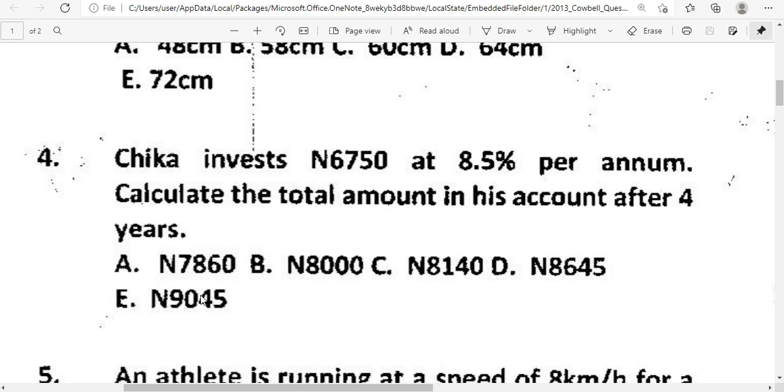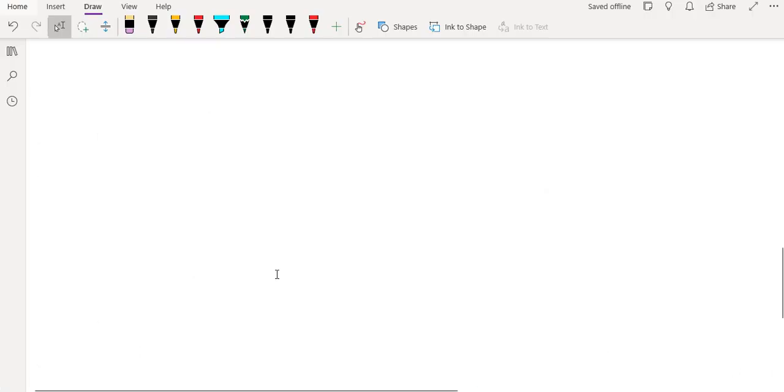What's the answer? 9,045. What's the simple interest after calculation? Simple interest equals 2,295 Naira, right? Yes. Okay. Let us pick the data and solve. Number 4.